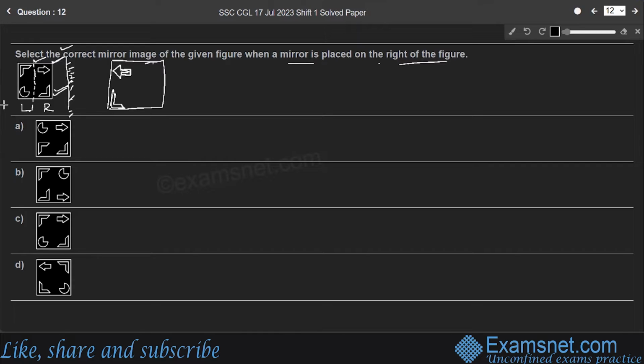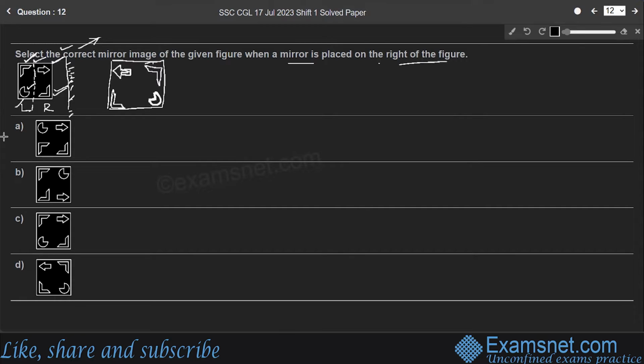So consider the left part of the figure, given figure. So left part contains this L-shaped element. So its image will be like this, right? Like this. And below that, this one. Here this circle-like structure is facing the right center here.